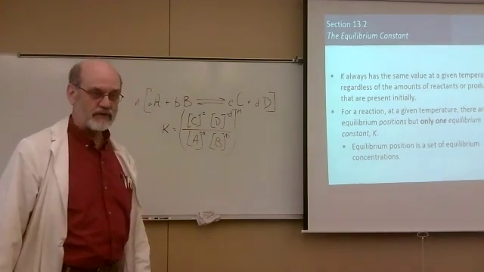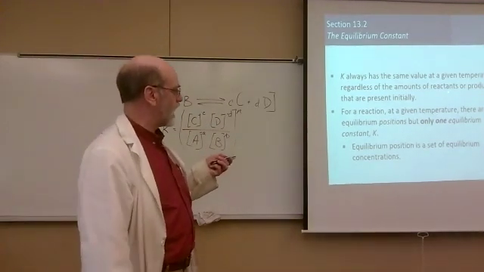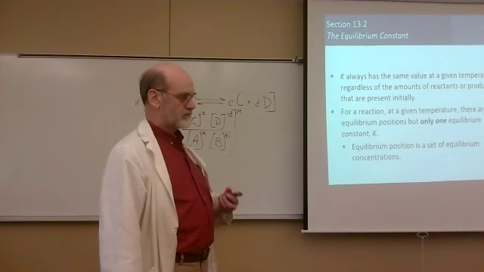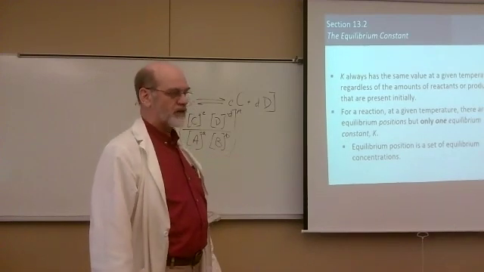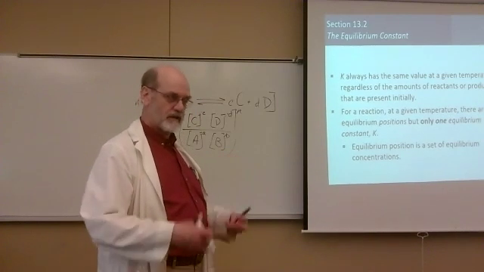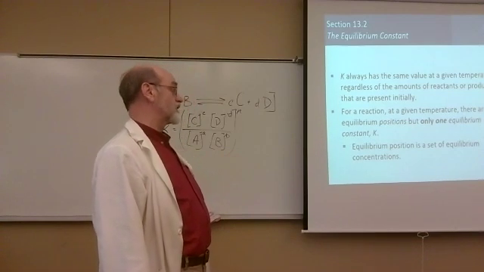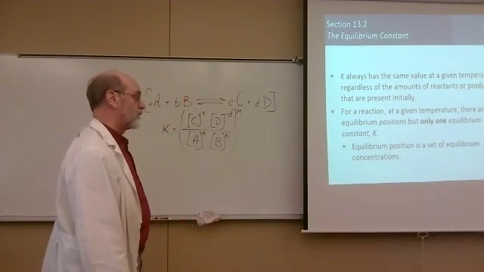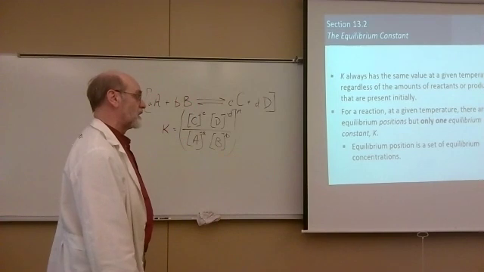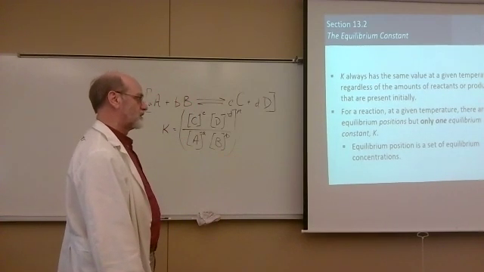And it doesn't matter how much you start with, as long as you have plenty of reactants so that one doesn't run out. If one runs out, then you wouldn't reach equilibrium, right?